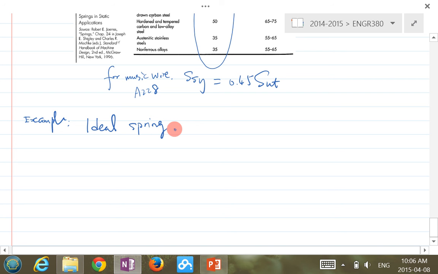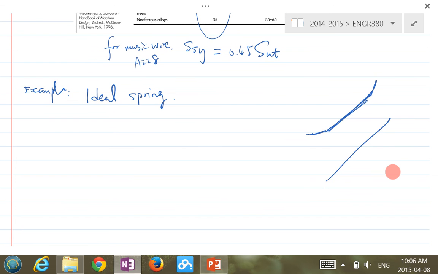But actually, in general, the starting 15% and the ending 15% are not really linear. They are non-linear. So the curve probably looks like this, with a non-linear portion here and a linear portion here. But if I say it's a linear spring, we're saying it's a straight line from opening to the end.